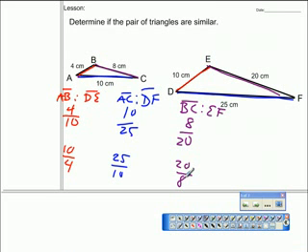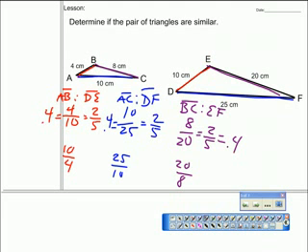So what I want to do now is you have two choices. You can reduce the fraction or divide and turn them into decimals. It doesn't matter. Because in all three cases, this is 2/5 or 0.4. This is 2/5 or 0.4. This is 2/5 or 0.4. And then if I did these on the bottom, they all equal 2.5.